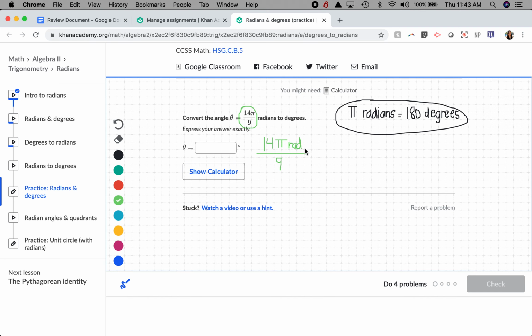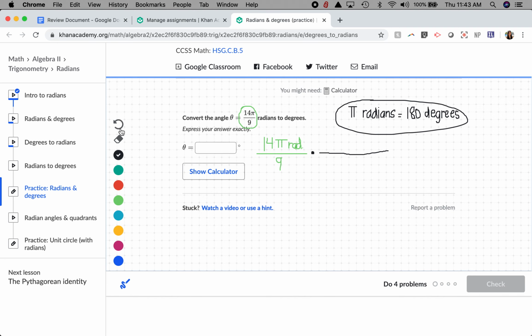This is being measured in radians, and I'm just shortening it to RAD. So we're given 14 pi radians over 9 and we want it to equal degrees. Well, all we have to do is multiply that by the conversion factor.